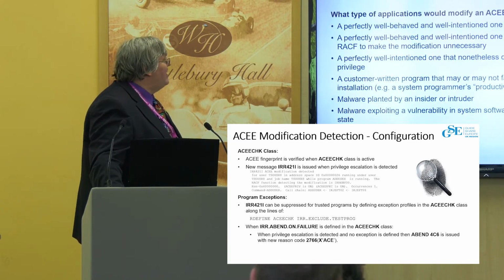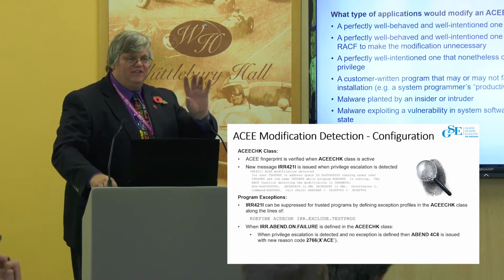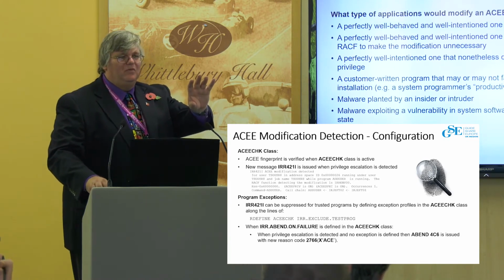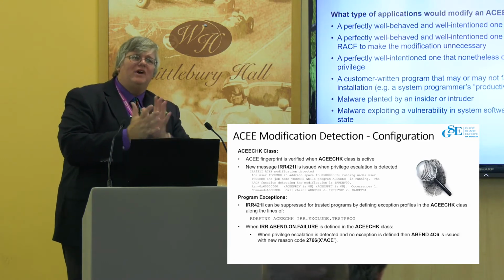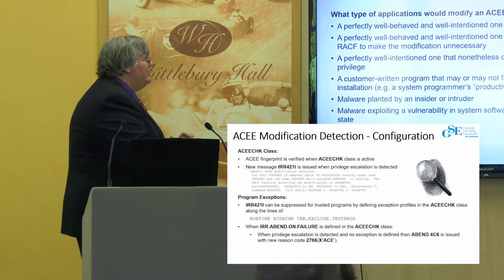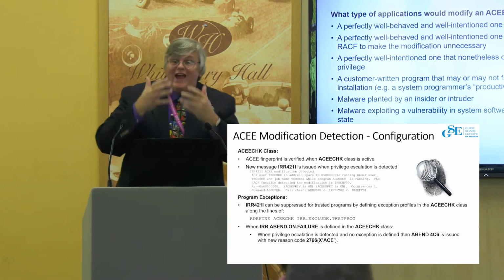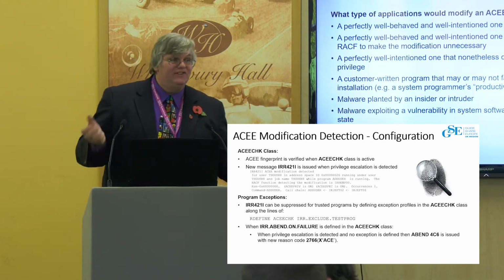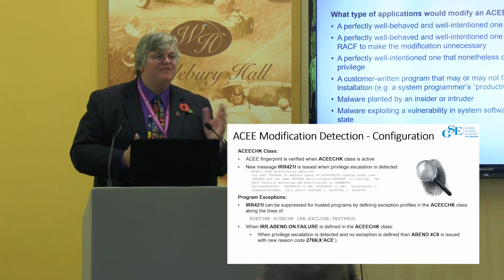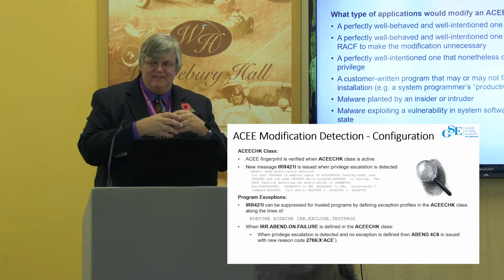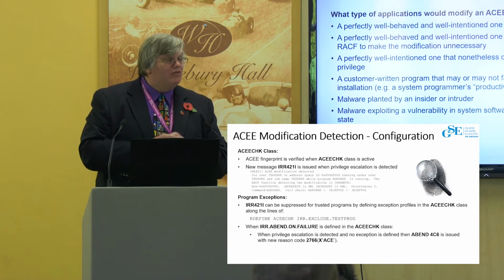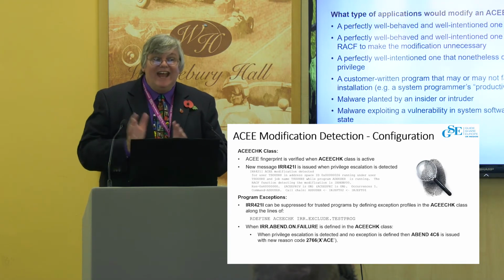Don't edit that, please. Okay, so this goes back to your question of if you see a lot of these, what does it really mean? There are a lot of reasons why this ACEE modification might have been done. It may have been that the vendor had no other choice, because this architecture has been fixed for many, many years. You may have an application that really doesn't know what resources it's going to need access to.